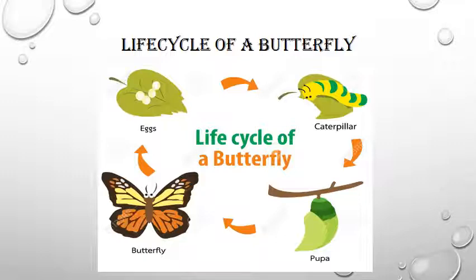This is the life cycle of a butterfly: from eggs to caterpillar to pupa, and again pupa to butterfly. The whole process is known as metamorphosis.